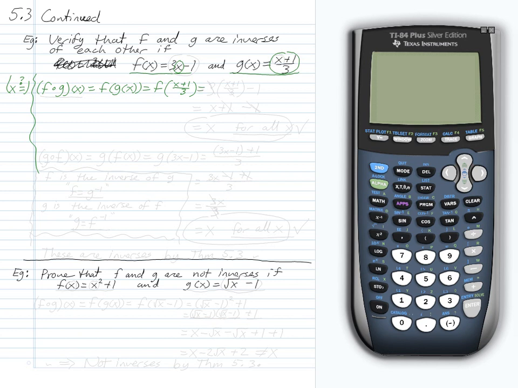So f takes 3 times the input and subtracts 1. So technically we are almost done with this. We've evaluated f composed with g of x. We have the function, now we just need to simplify it and see what it really turns out to be.